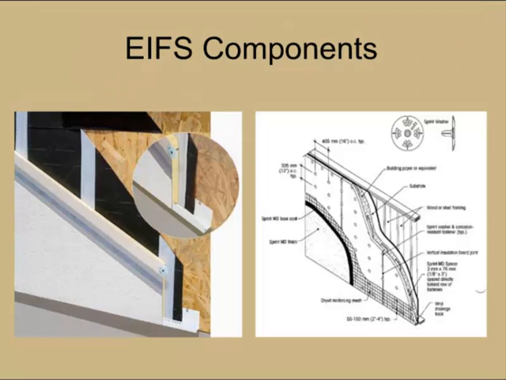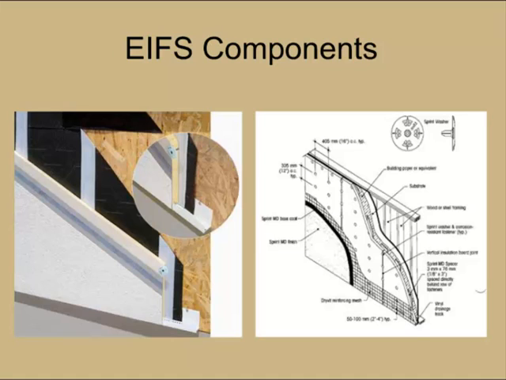Yep, good. Now, on this slide we have a couple of graphics, a couple of details really showing how this EIFS, as Russ had said, is constructed. The image on the right-hand side shows you from exterior to interior how this is put together. You have all your finish coats, base coats, insulating materials, reinforcing fabrics, and then your framing and backups.